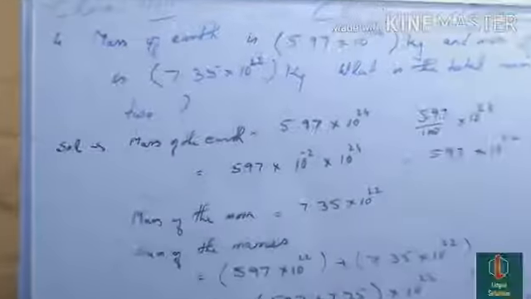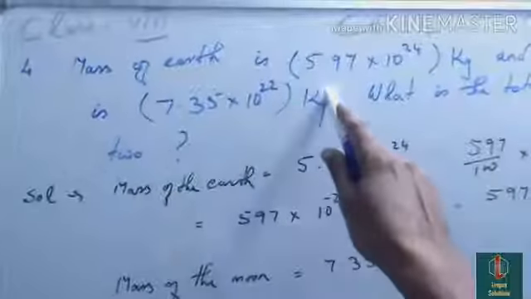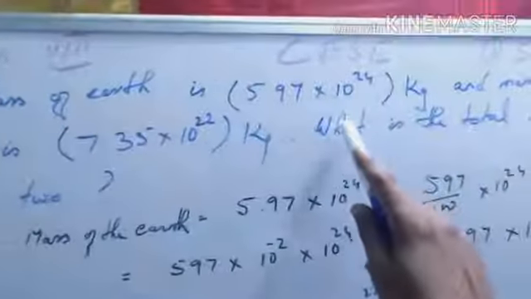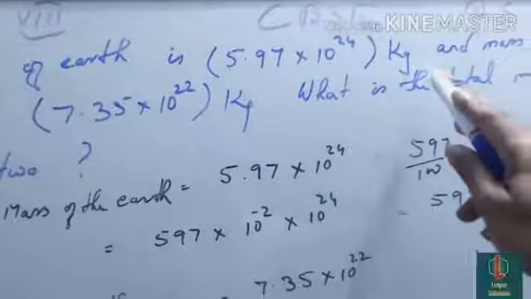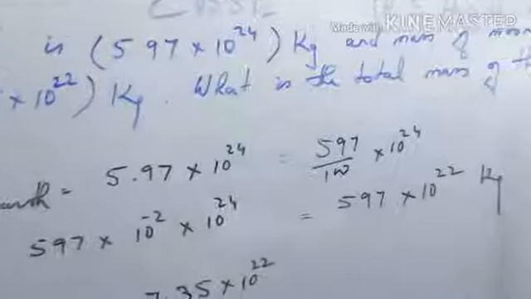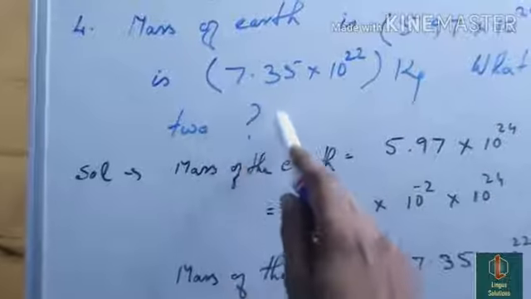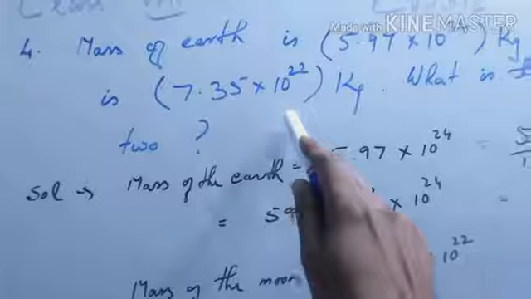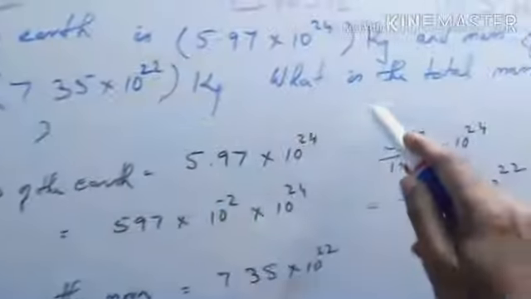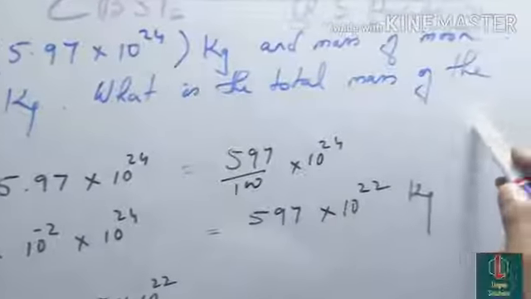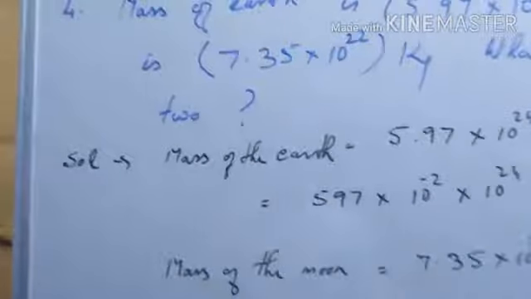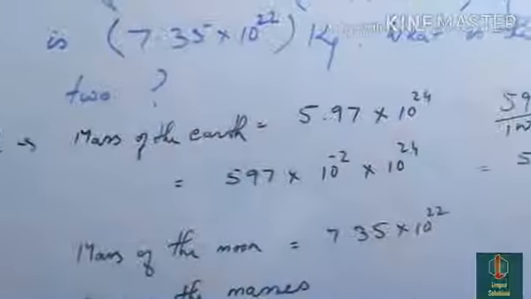Now next, mass of the earth is 5.97 into 10 to the power 24 kg and mass of moon is 7.35 into 10 to the power 22 kg. What is the total mass of the two? It means we have to add the masses.